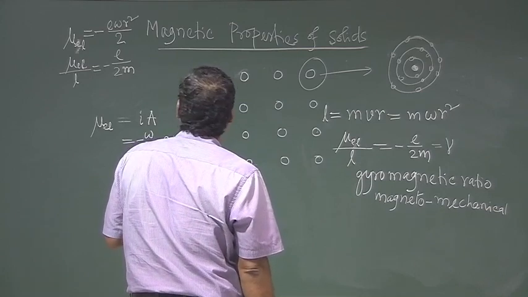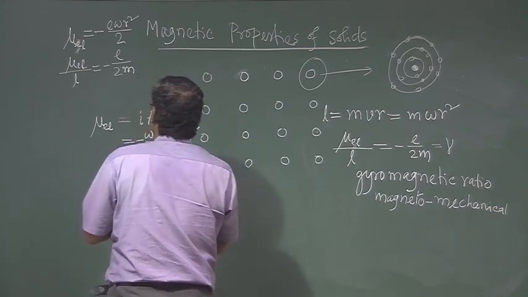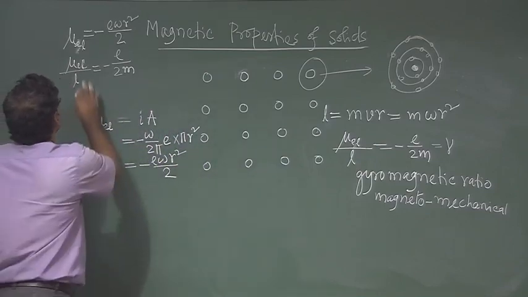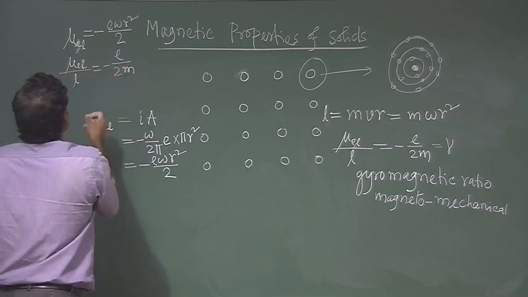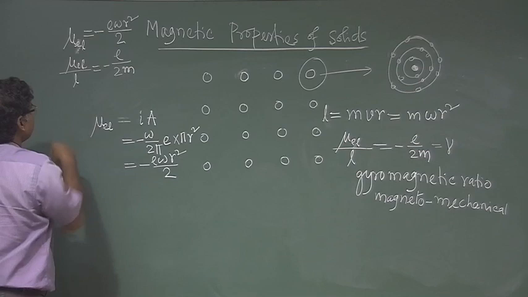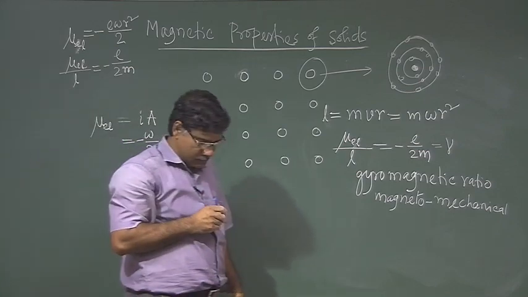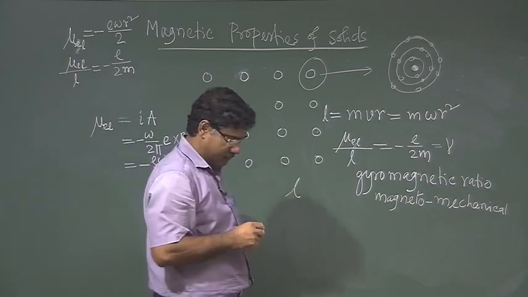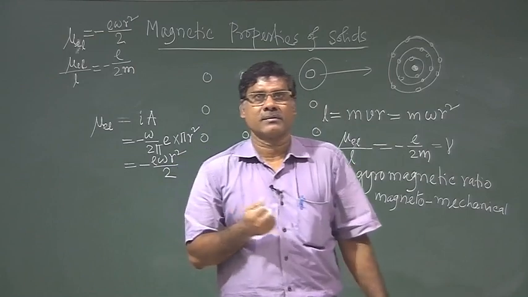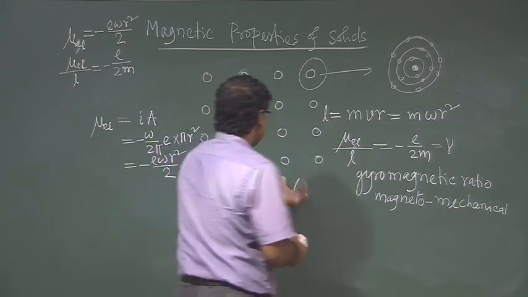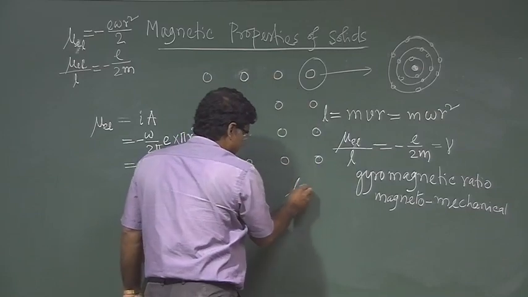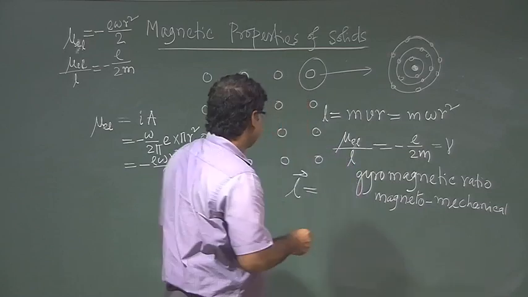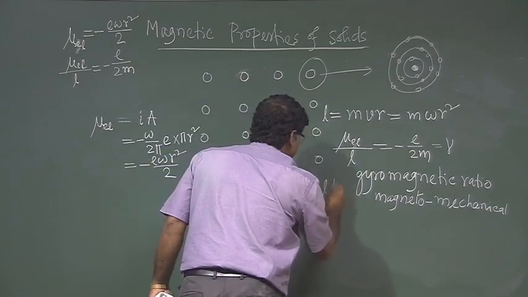The angular momentum L is a vector, and we write its value as L h cross.